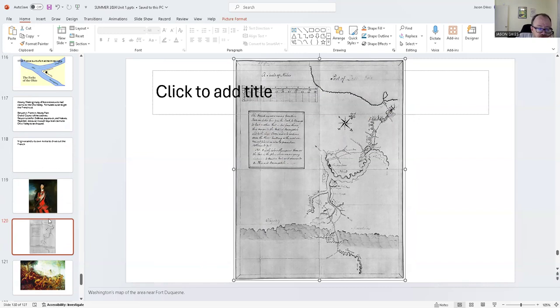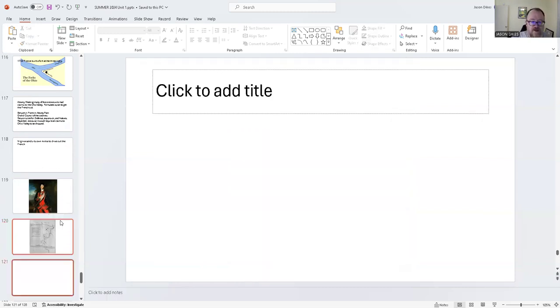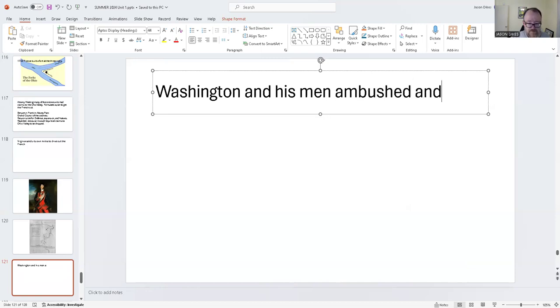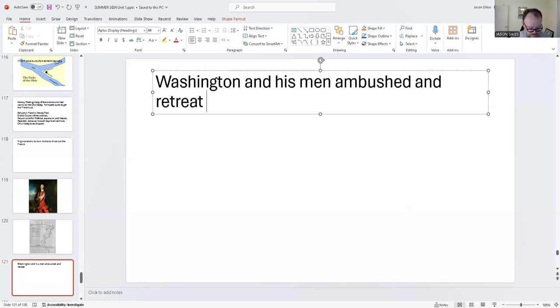Washington never even got close to Fort Duquesne. He was attacked, ambushed by the French and the Indians. Had to retreat to Fort Necessity.